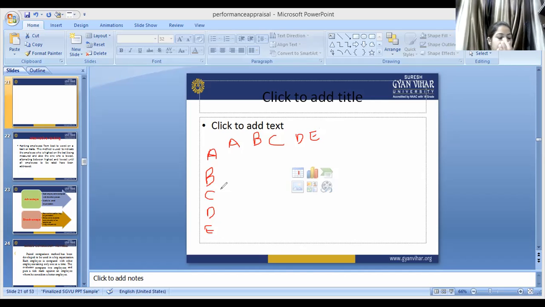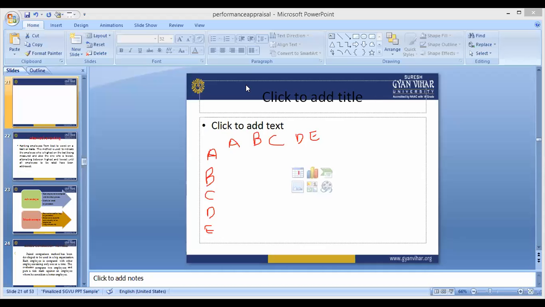Okay, so in the paired comparison, basically, we can compare using two signs, positive or negative. What is the meaning of positive or negative? Do you have any idea? If we do the comparison between A, B, C, D, E, let's understand.